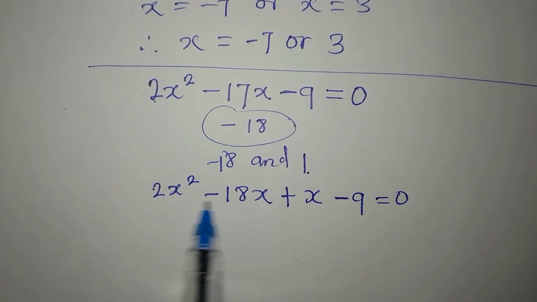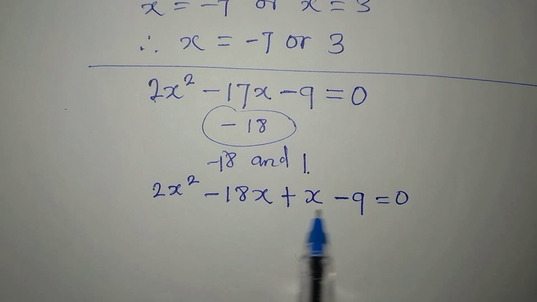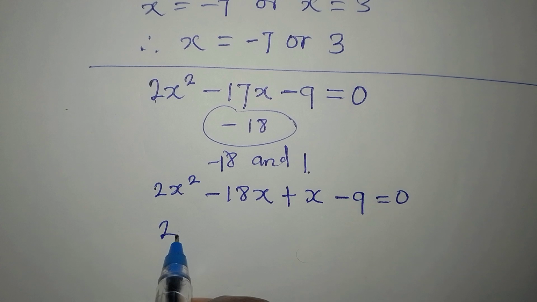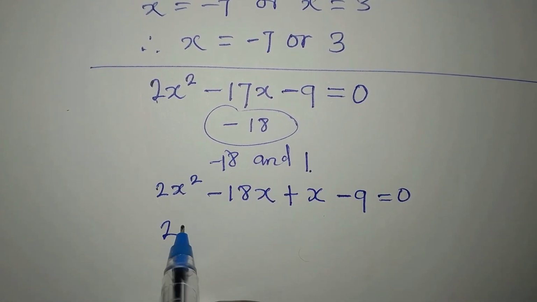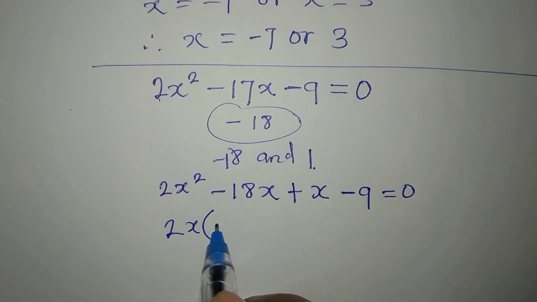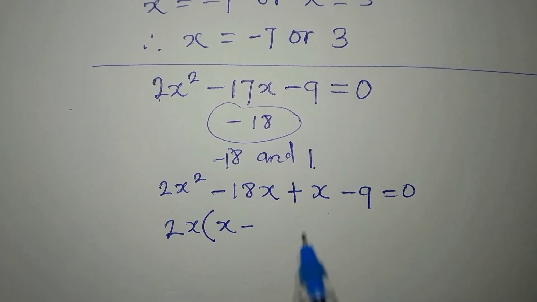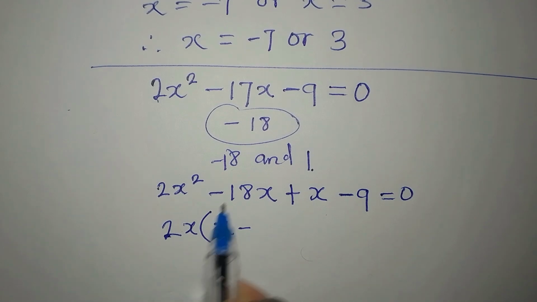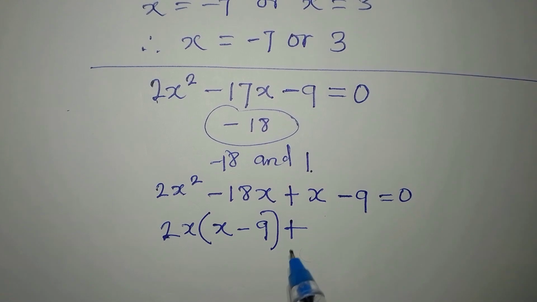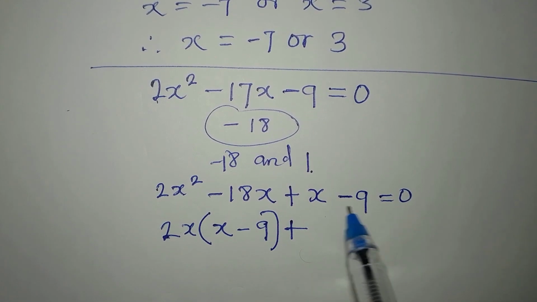I'll factorize these two terms, then I go to the next two terms. Here we have 2 common. There's x here, there's x here, it comes out. Then here we'll be having just one x, so I write x minus 9, and 2 into 9 is 18, so I'll close this, plus here now we have x minus 9.